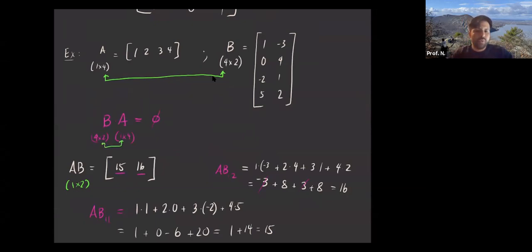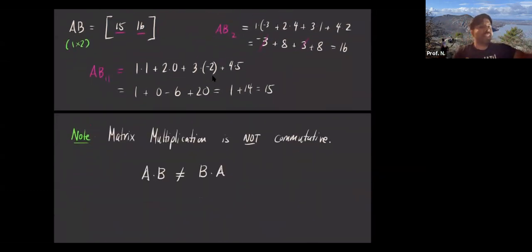You have 2 columns for B and you only have 1 row for A. This idea of multiplying it in the way we've been multiplying it is impossible. So no, BA is not possible in this case, and not necessarily possible in general. So that's one thing: matrix multiplication is not commutative.